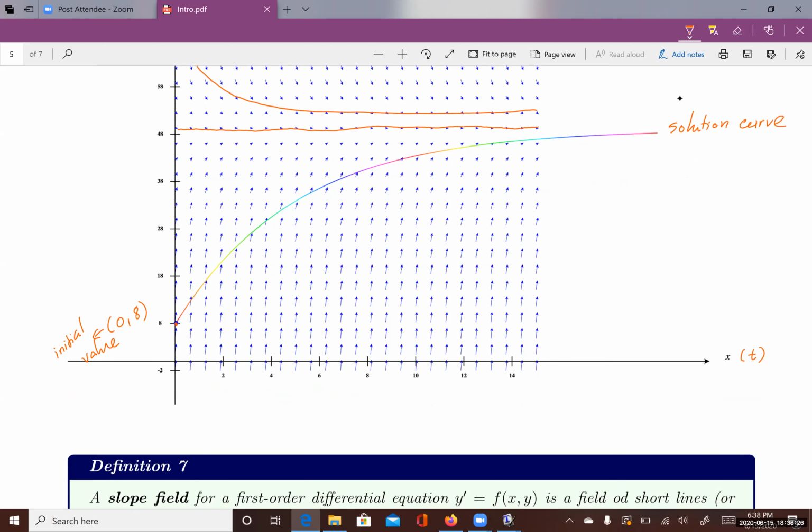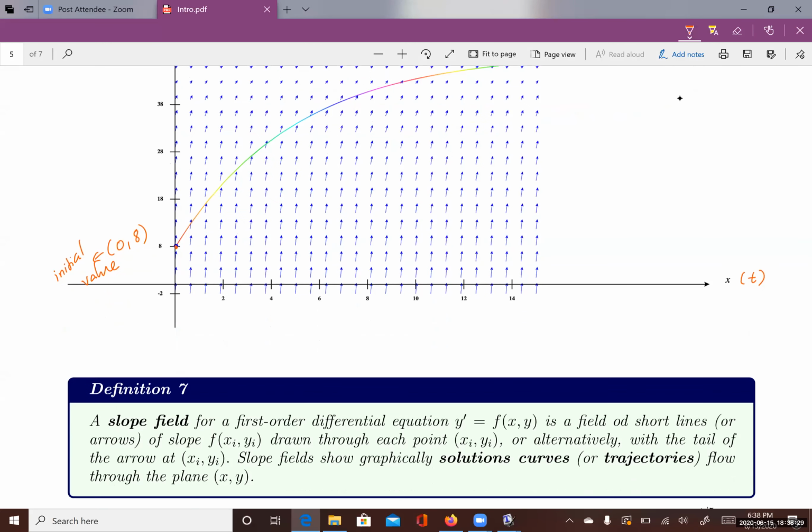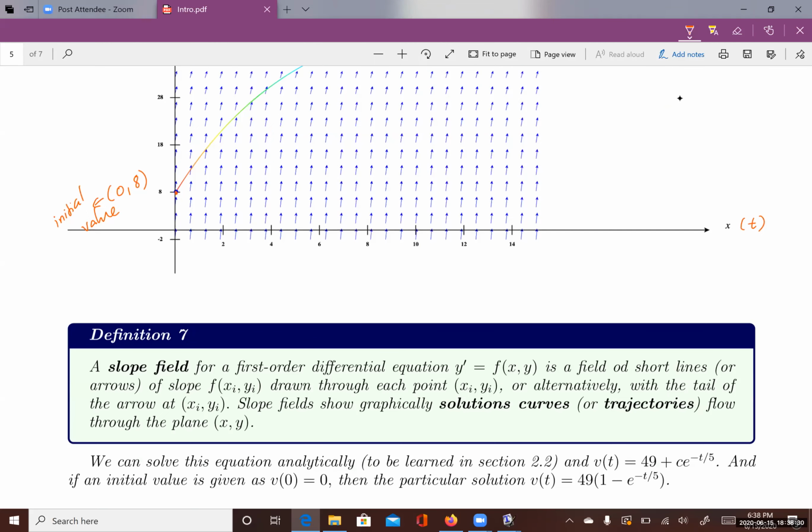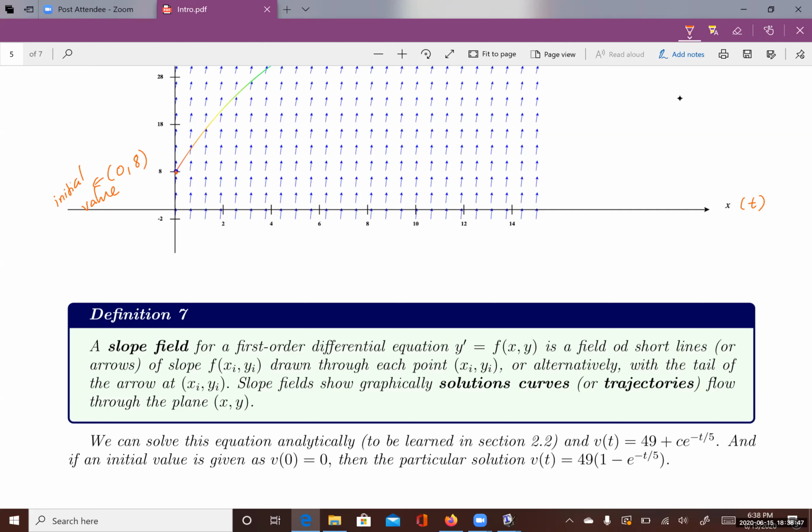So here's the definition: a slope field for a first order differential equation, y prime equals a function of x and y, where x is the independent variable and y is the dependent variable, and y prime is just the derivative of the dependent variable y, is a field of short lines or arrows of slope f(xi, yi), where (xi, yi) is a point on this xy plane.